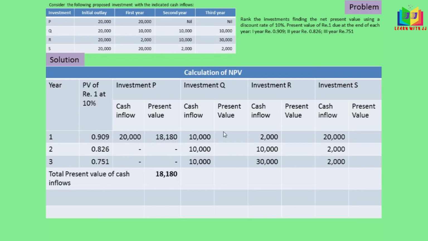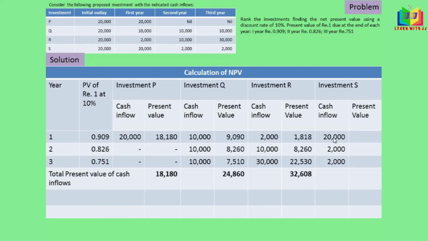Similarly for investment Q: 10,000 into 0.909, 10,000 into 0.826 and 10,000 into 0.751, and we add that. We get 24,860, and similarly for R we get 32,608.